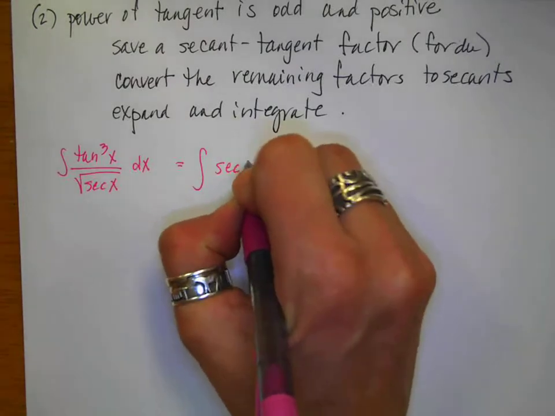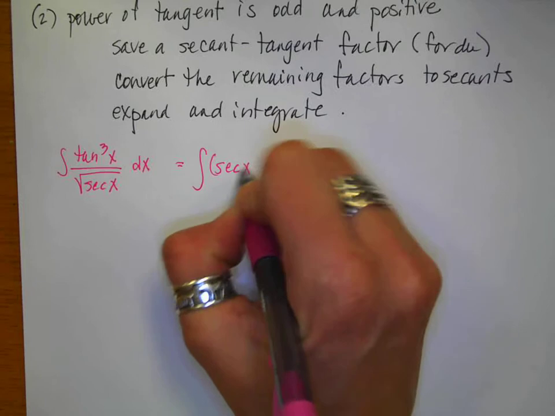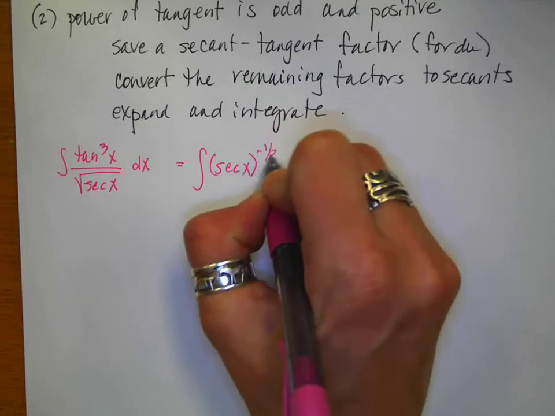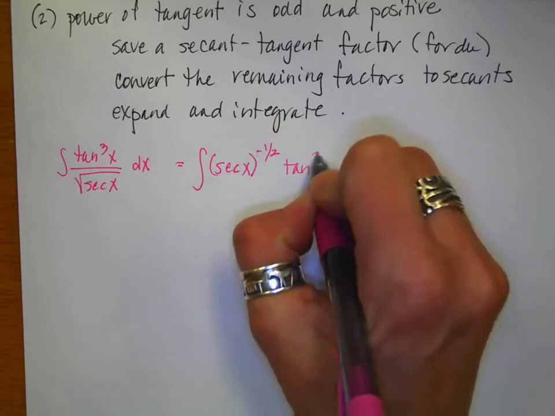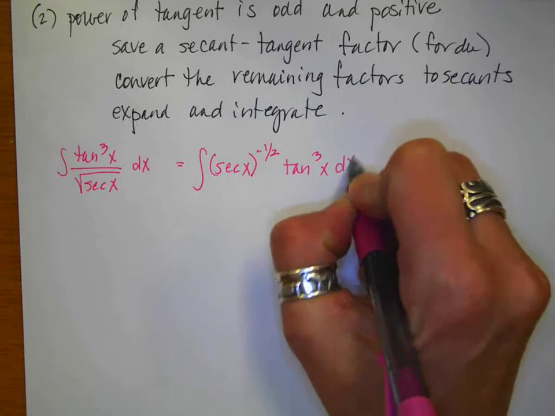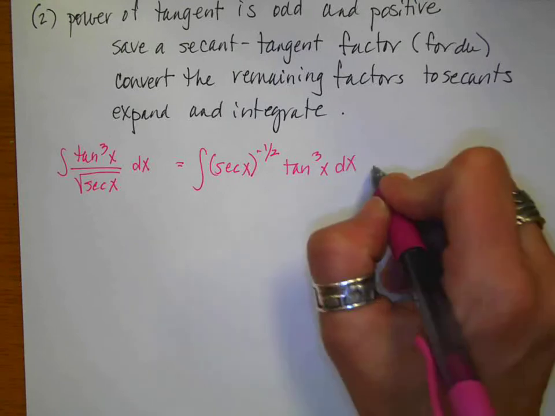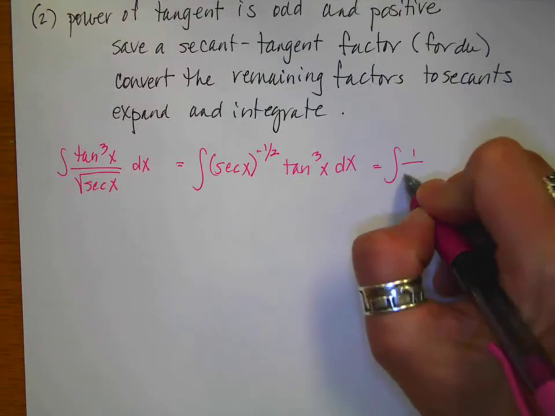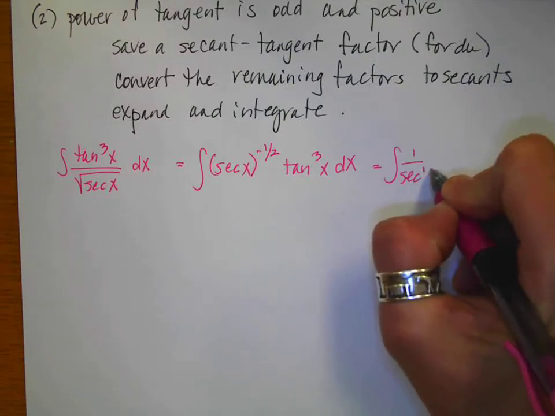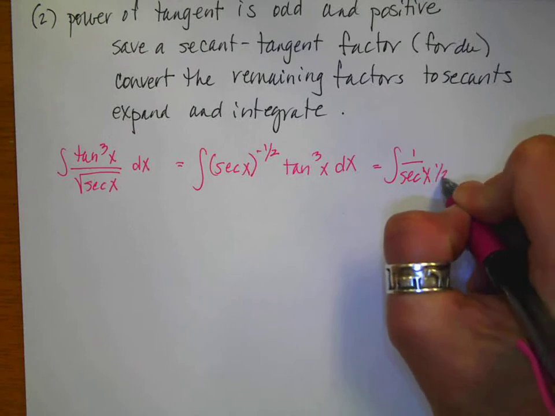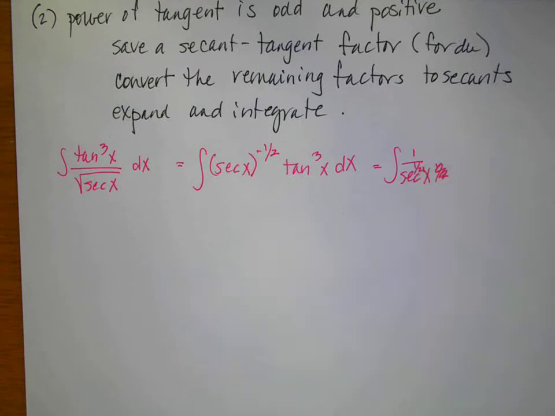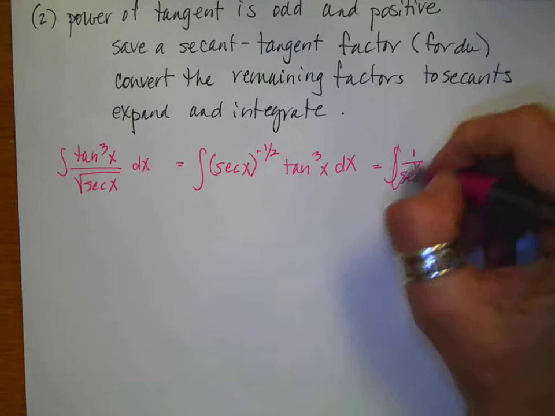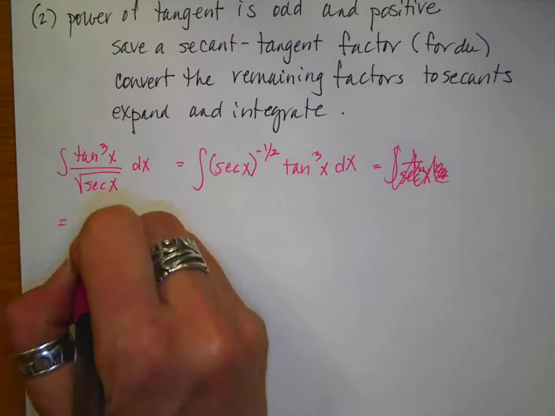So this is the integral of secant x raised to the negative 1/2 tangent cubed of x dx. Okay? And then if I rewrite this, I guess I could have left it like it was as 1 over secant x to the 1/2. Ooh, I don't like it right there. I'm going to put it right there. Let's just clean that up because that just looks gross.